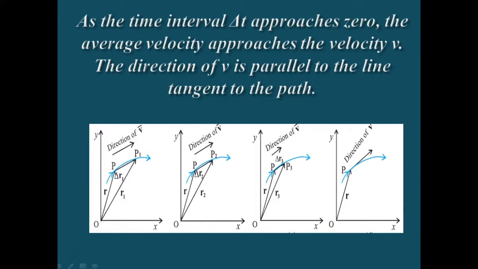The object is at P at time t, and P1, P2 and P3 represent the different positions of the object after the time intervals delta t1, delta t2 and delta t3 respectively. You can see delta r1, delta r2 and delta r3 in this figure.